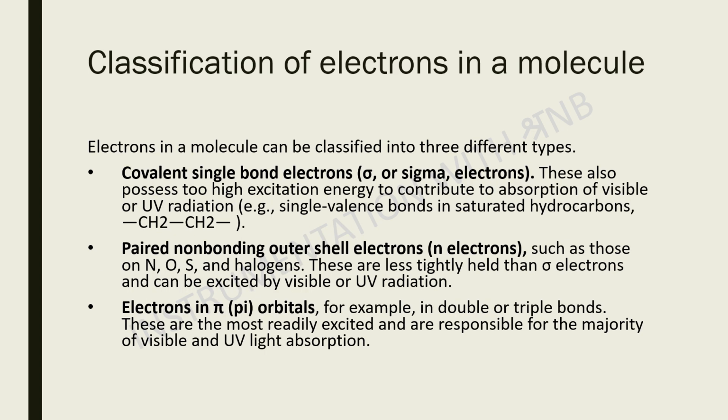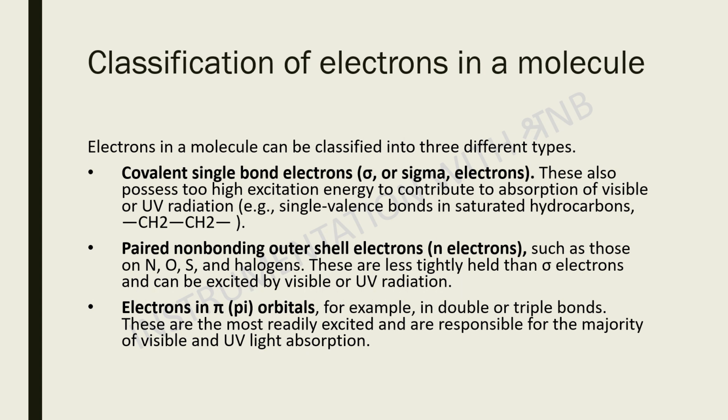Classification of electrons in a molecule. There are basically three different types of electrons: sigma electrons, n electrons and pi electrons. Sigma electrons are covalent single bond electrons that possess very high excitation energy.